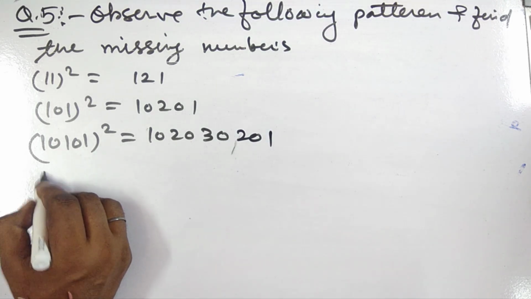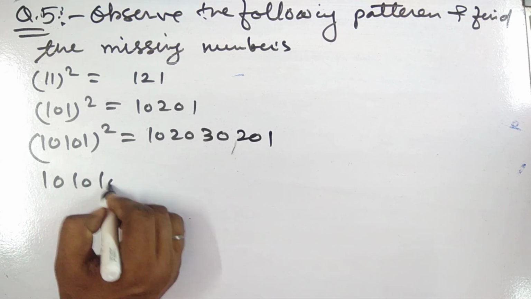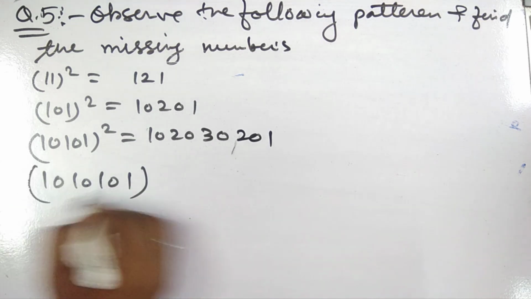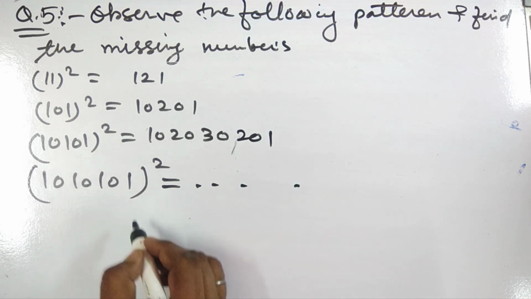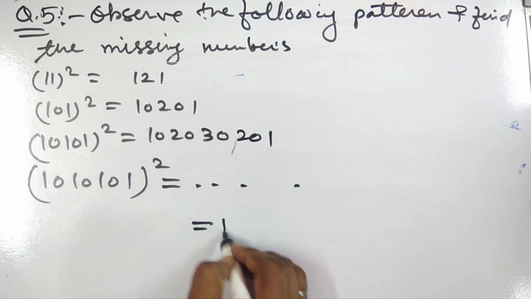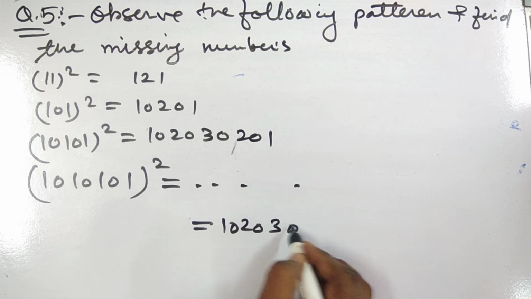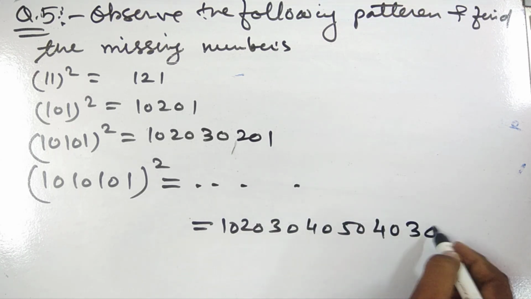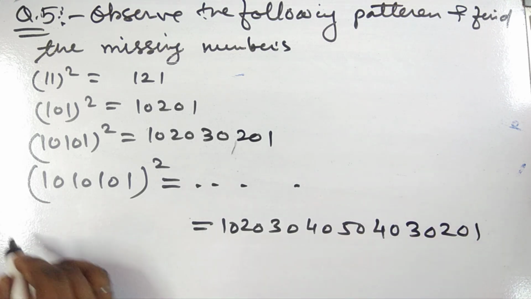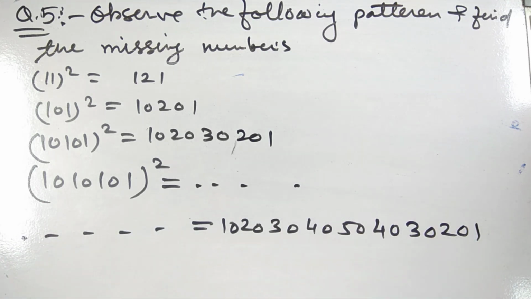Then 1010101 whole square, and the last one is 102040504030202021. Fill in the blanks.